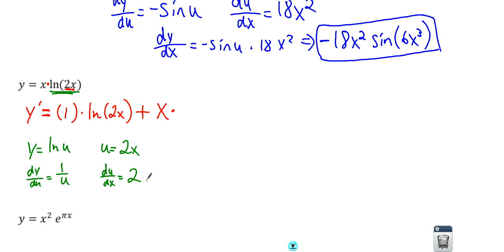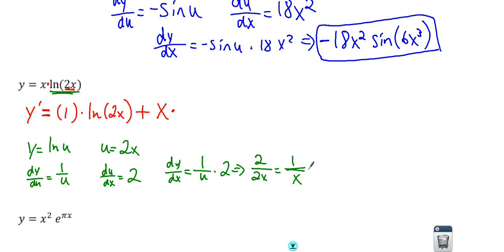Okay, then we multiply them, so dy over dx equals 1 over u times 2. And again, we can't leave this with the u in it, so we plug back in our 2x. So we get 2 over 2x, which is 1 over x.